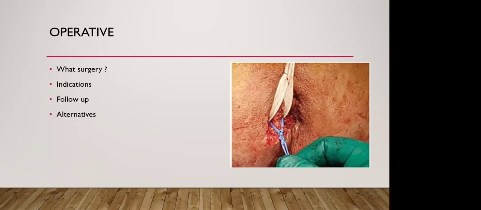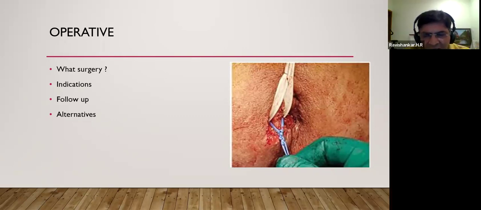Biologicals are the treatment of choice, and it has excellent results, especially for perianal Crohn's disease. For others it may be debatable, but for perianal Crohn's disease, you put setons, and then if the sepsis is very severe, you can even give them a colostomy. Otherwise, you put setons to drain and treat the sepsis.